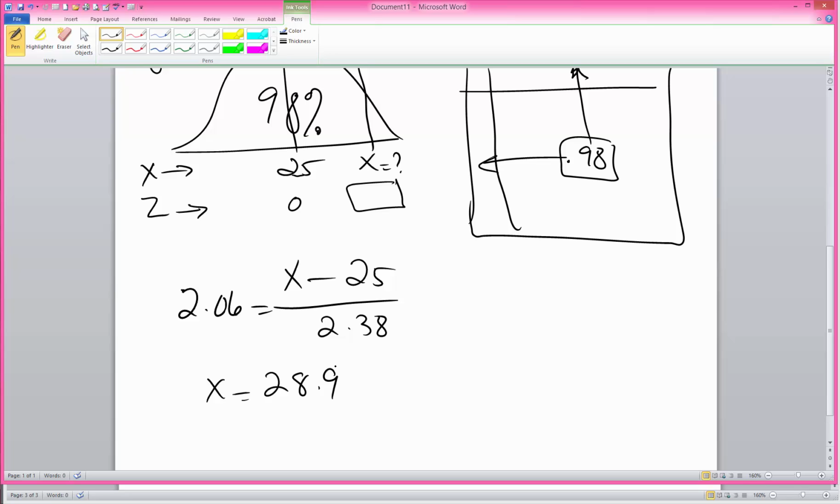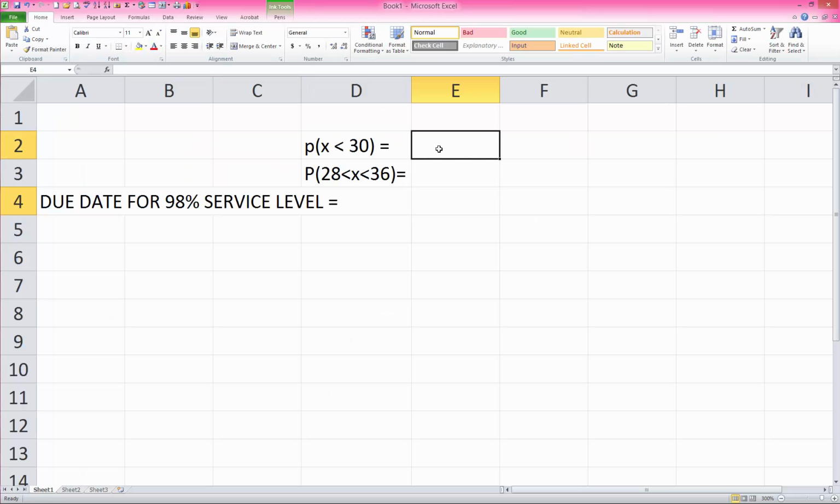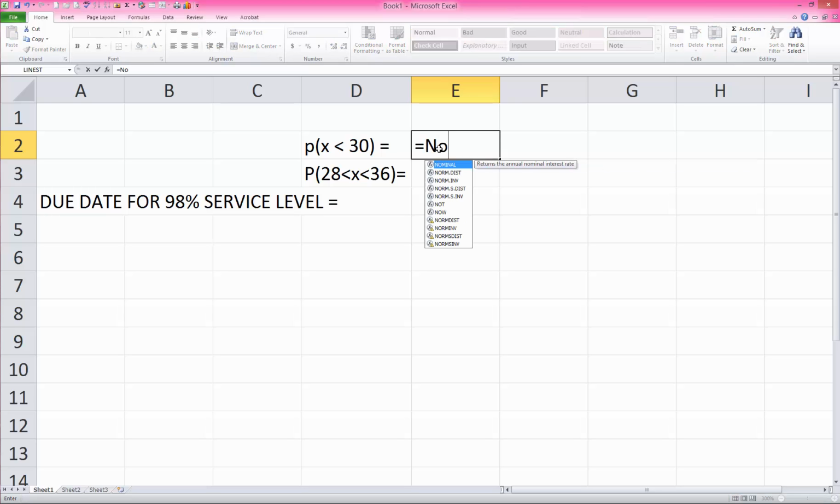I will now show you how to solve this problem with Excel. So in Excel, we want to know what is the probability that... remember the first problem we solved was probability that project can be completed in 30 weeks. So in this case I will use the norm.dist function.